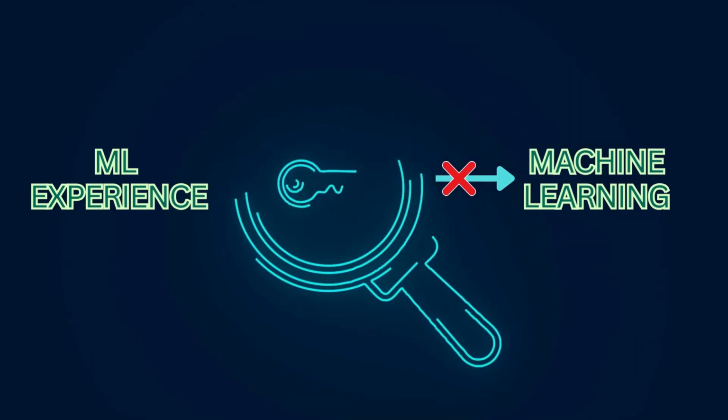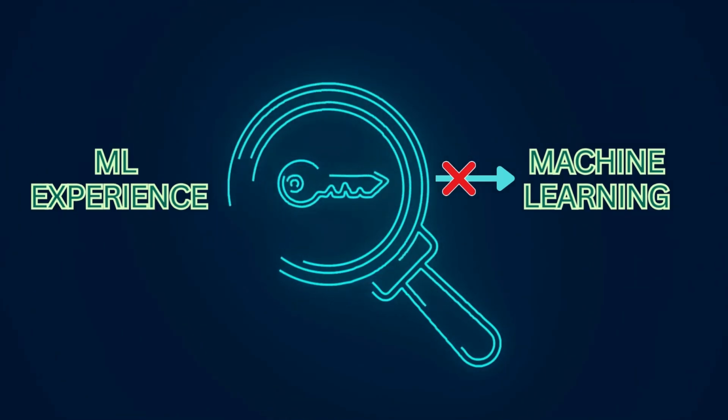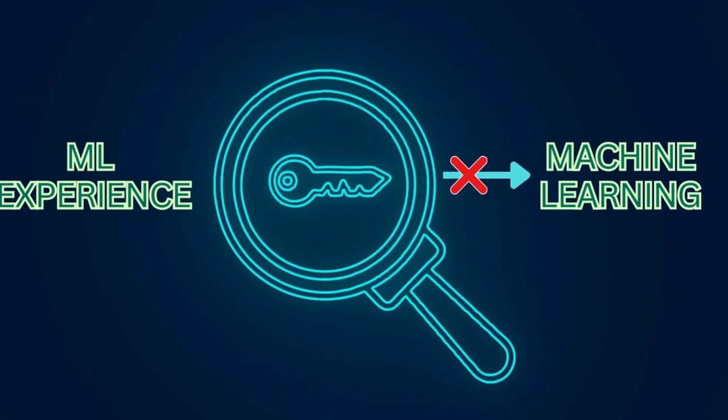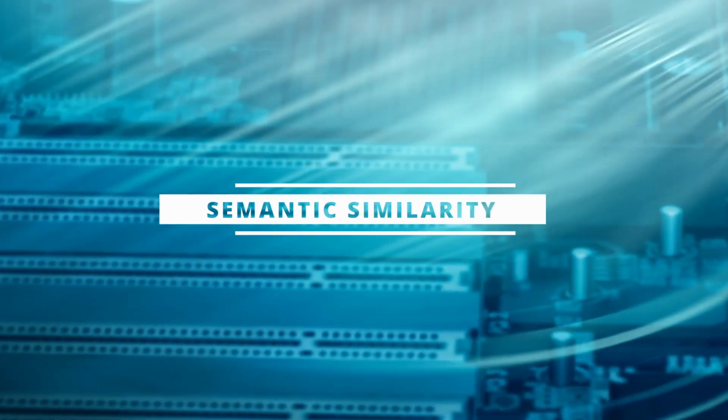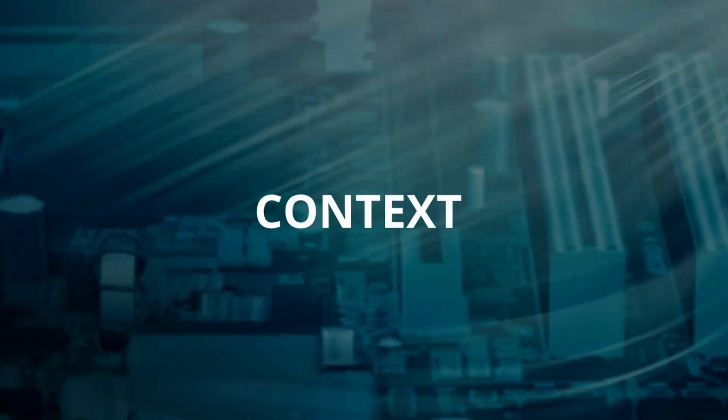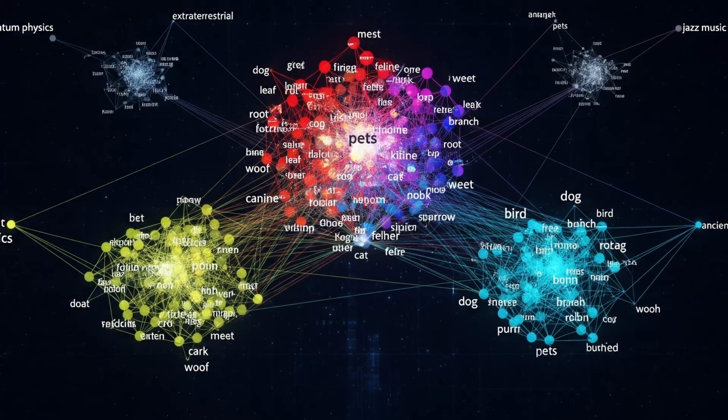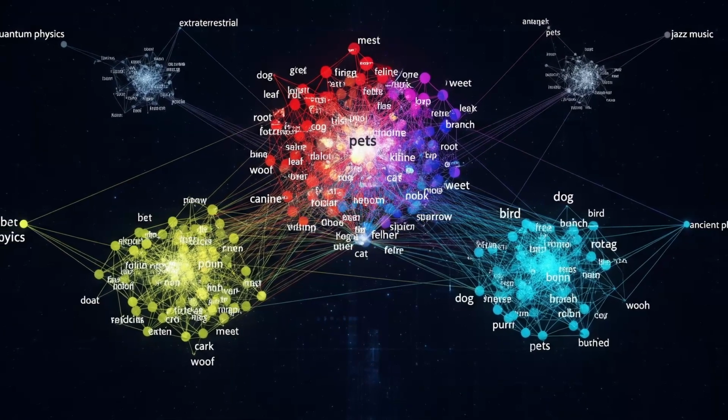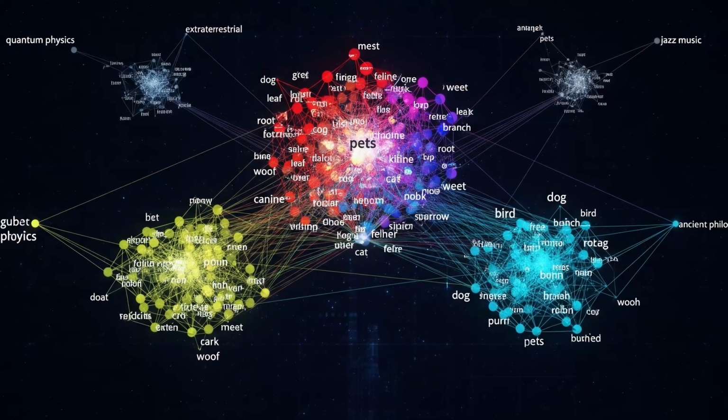Before we touch the code, let's understand the core idea. Our keyword matcher failed to recognize that ML experience is the same as machine learning. Why? Because it's just looking for exact words. Semantic similarity, on the other hand, is all about context and meaning. Think of it like a giant map where every word and sentence is a point.